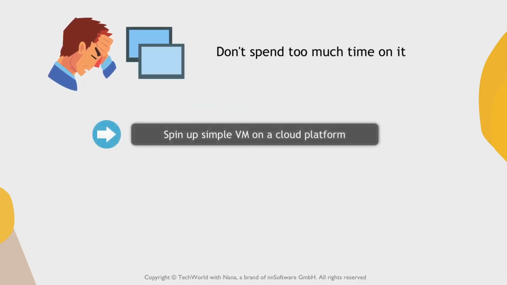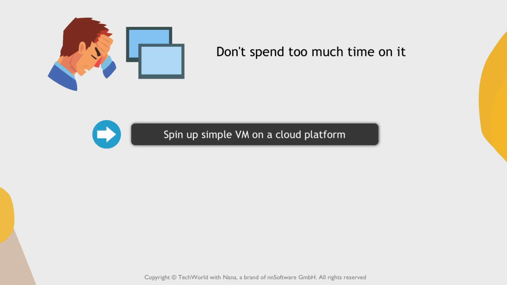You can either spin up a simple virtual machine on a cloud platform, which I actually teach in the Cloud Basics module, and I'm going to link exactly the module and video number below this video so you can find it directly.